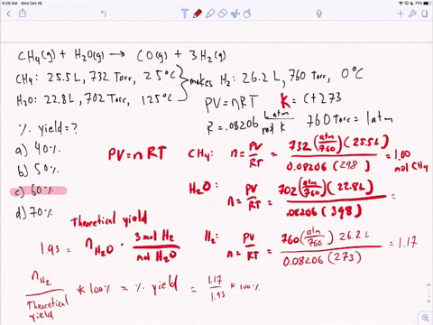Following? Do you have any questions? I am following. I was just curious, where did you get the 1.17? Did I just not read your writing right? The one for the NH2. Yeah, that one there. Well, 760 divided by 760 is 1. 26.2 divided by R, 0.08206, divided by 273.